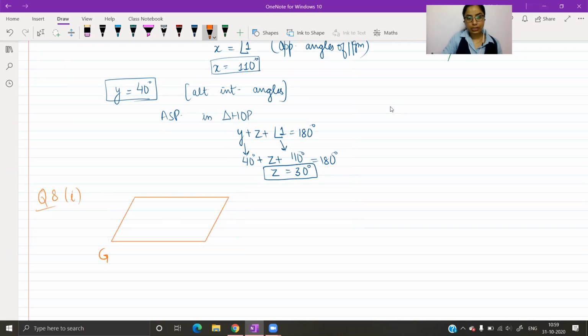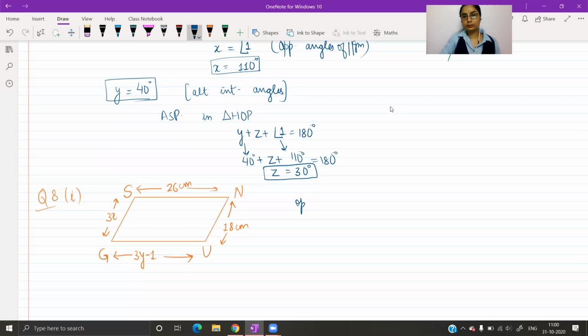This is GUNS. This side is 3x. This is 3y minus 1. All the lengths are in centimeters. Please remember, if you want, you can indicate the units here with the values that you have. The property that I'm using is opposite sides of a parallelogram are equal.